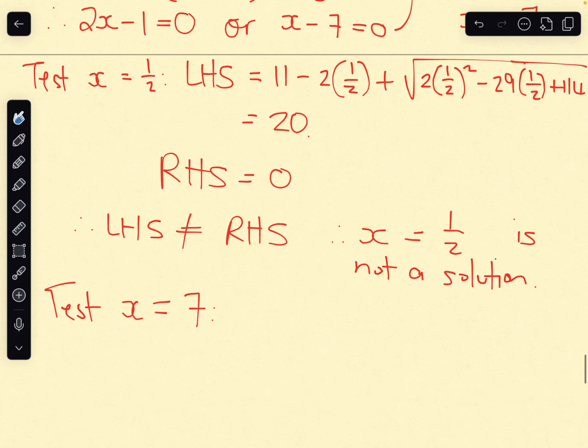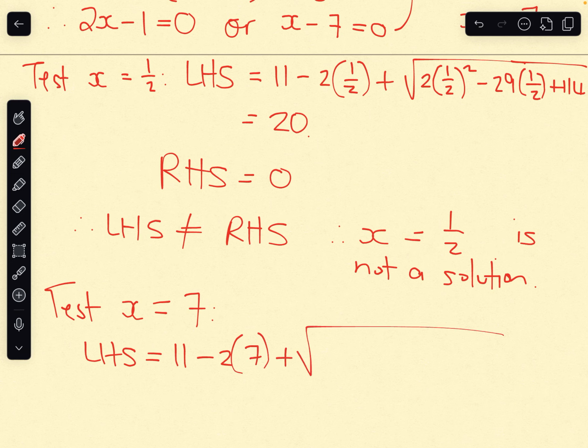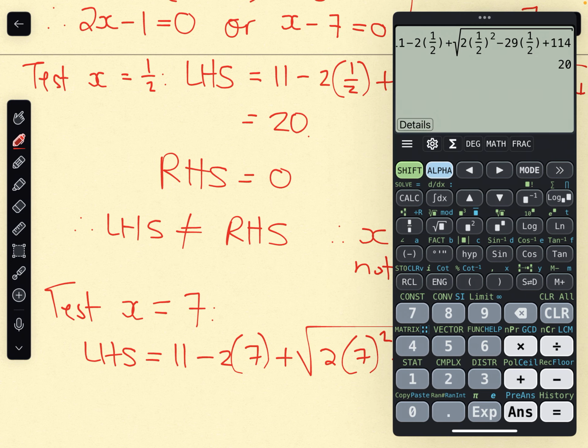So in this case, the left hand side is equal to 11 minus 2 times 7 plus the square root of 2 times 7 squared minus 29 times 7 plus 114. Right, and once again, calculator to the rescue. I'm just going to get rid of the places where I wrote half previously. And now we are expecting that our answer is going to be 0.